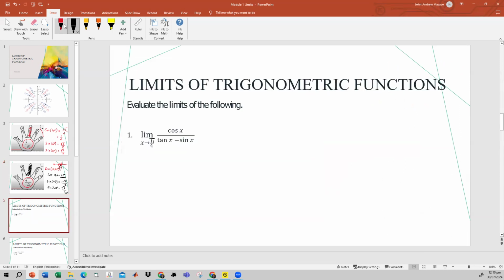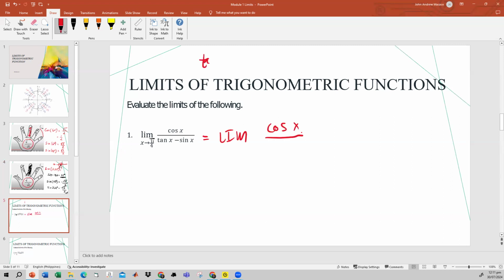Okay, so let's have an example. For this example, we're asked to evaluate the limit of the following. We're asked to get the limit of cosine x over tan x minus sine x as x approaches pi over 4. So in that case, of course, what you need to do is rewrite it first in terms of sine and cosine. So we'll have the limit of cosine x over tan x.